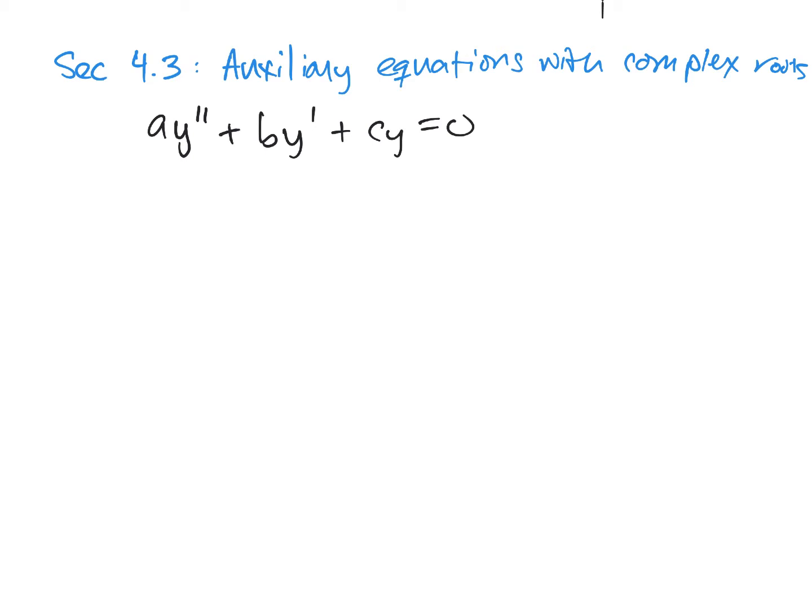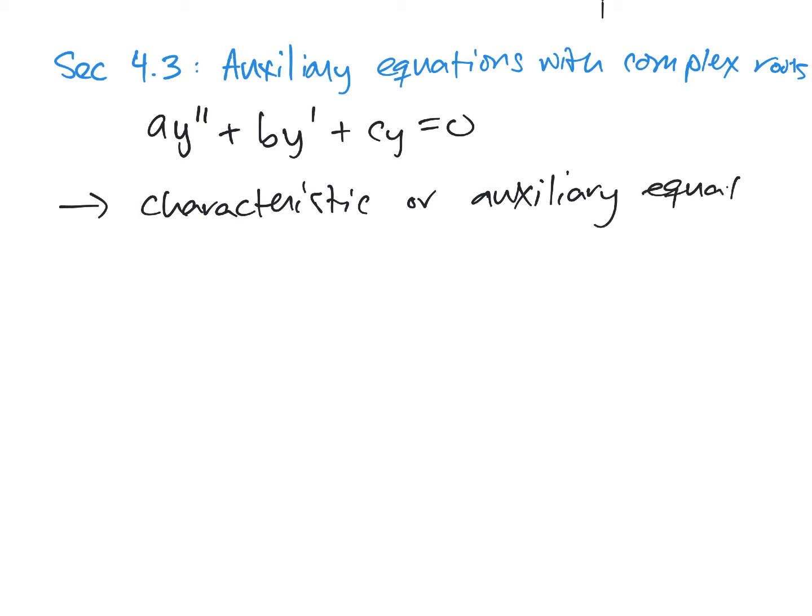And when we have one of these, we get our characteristic or auxiliary equation, which looks like a r squared plus b r plus c equals 0. And we want to solve for r.